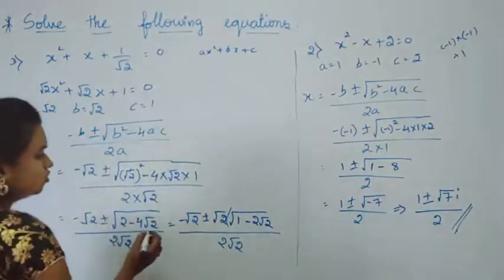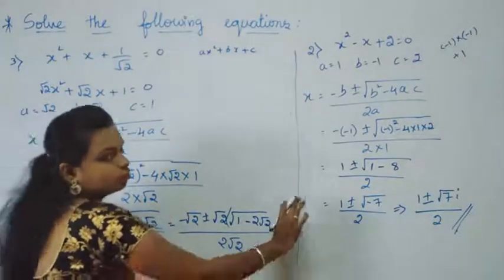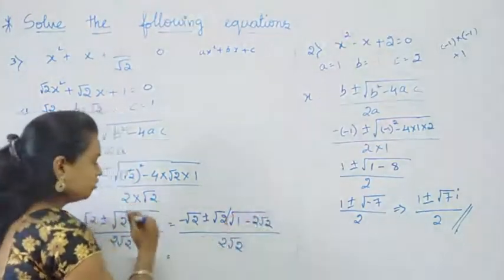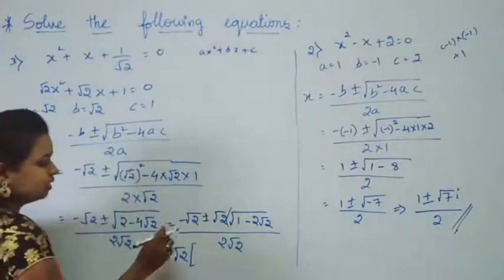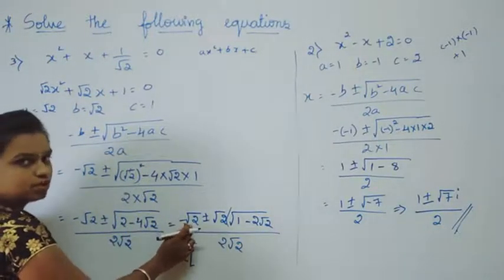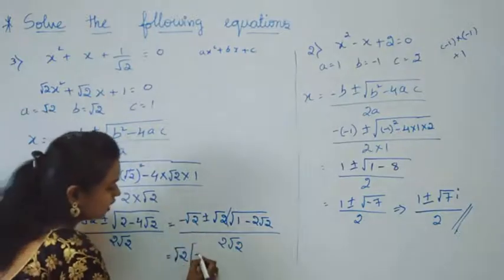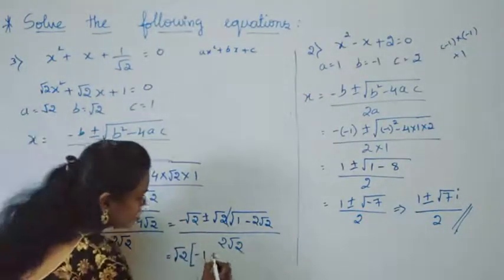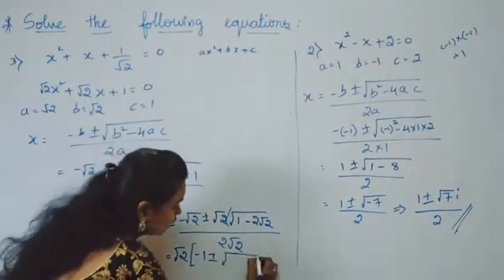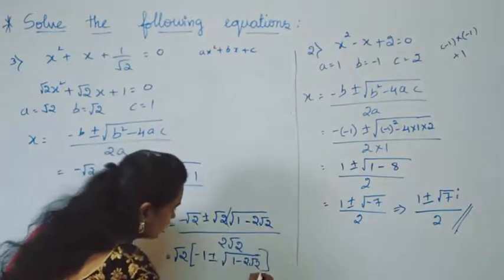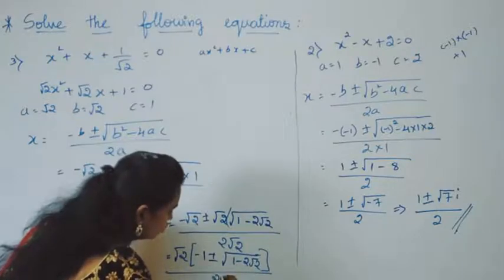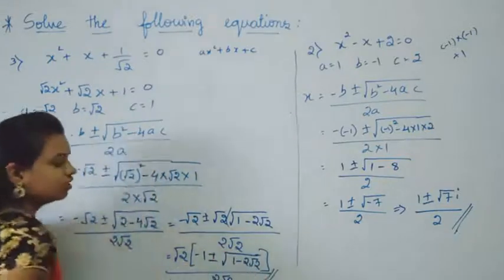In the next step, in the numerator, take root 2 as a common factor. When you take root 2 as a common factor, you get minus 1 plus or minus square root of 1 minus 2 root 2, whole divided by 2 root 2. This is our roots.